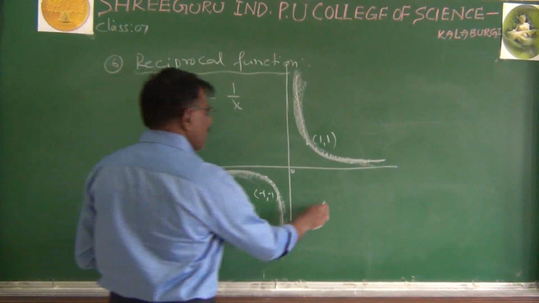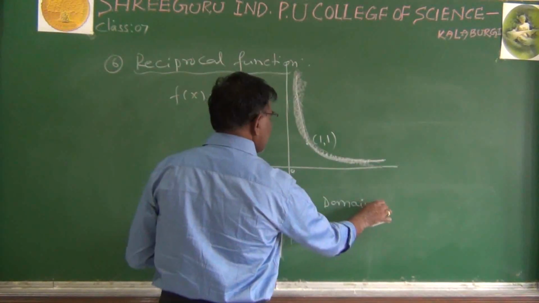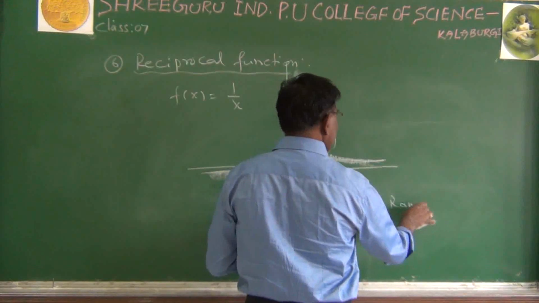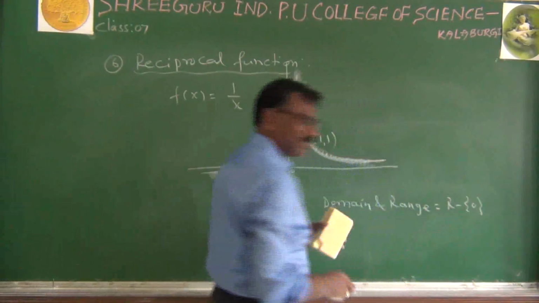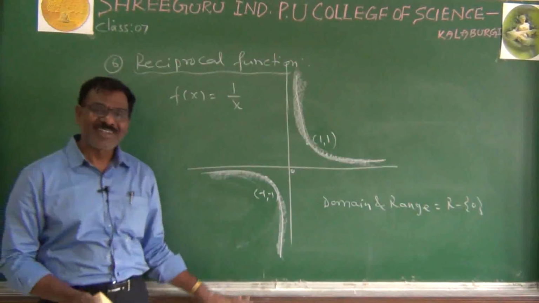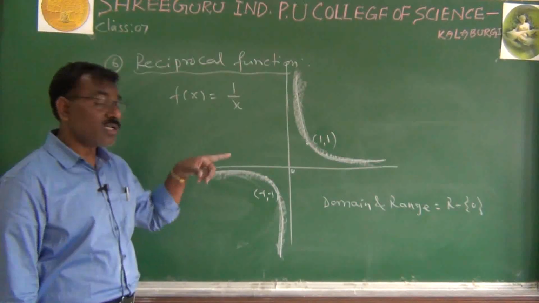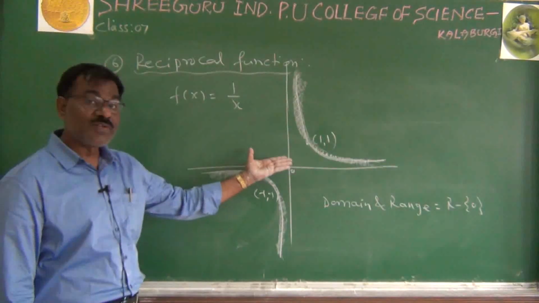But what is the domain? Anybody tell me what is the domain? Domain and range are both the same. Domain and range are equal to R other than 0. Very important. Domain and range of this function are all reals other than 0. See the graph, 0 is not there.